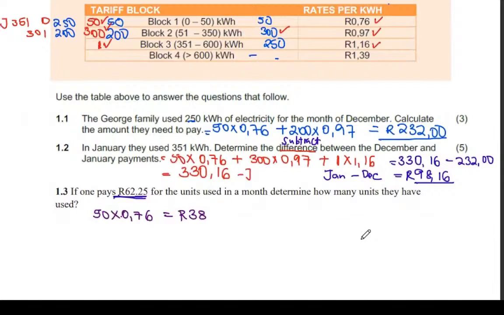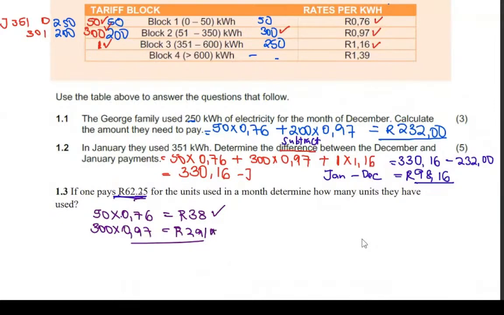For 300, they will have to pay 291. So you see that the price used is more than bracket 1, but less than bracket 2.